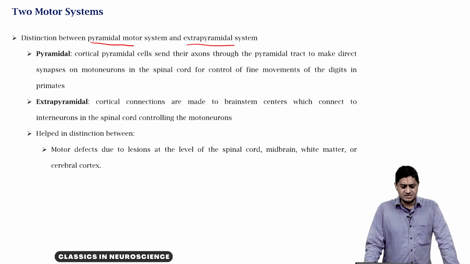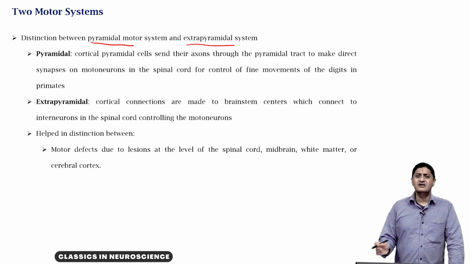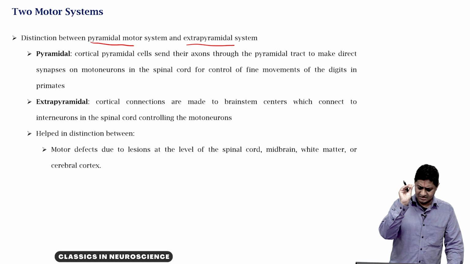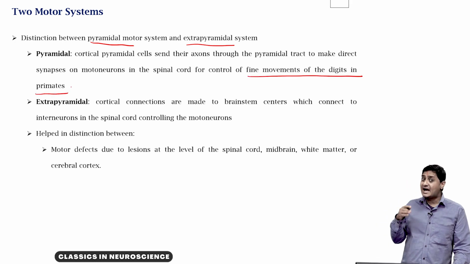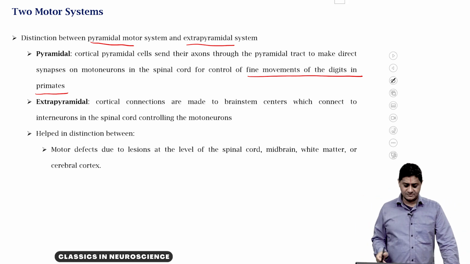Pyramidal system refers to the cortical pyramidal neurons that send their long axons through the pyramidal tract to make direct synapses with alpha motor neurons in the spinal cord that project to the distal upper extremity for control of fine movements of the digits or the fingers in primates, especially in higher primates, especially in humans.